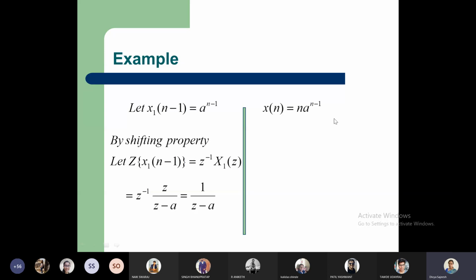Multiplication of a signal by n will be differentiation in the z domain. If a signal is multiplied by n, that will be differentiation in the z domain.